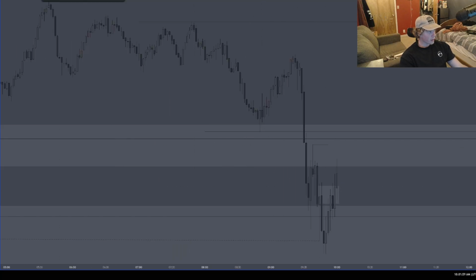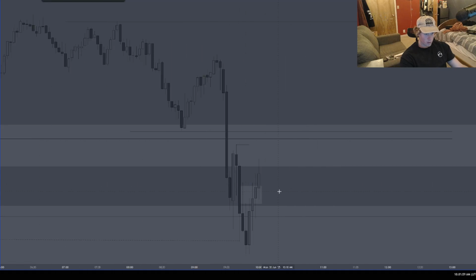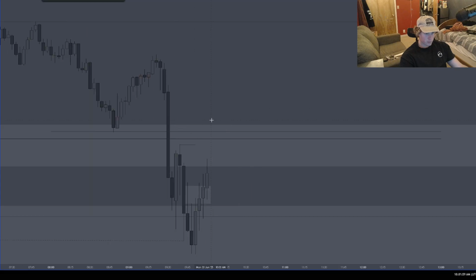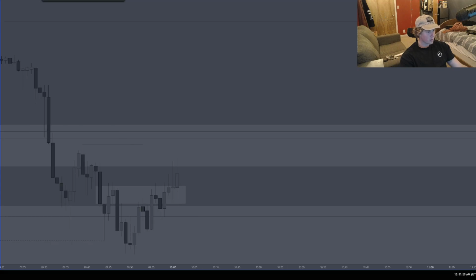Really just not a trade I'm interested in here. I'm not going to take this, but it would have looked like this here, with this as our break even. Break even would be here.